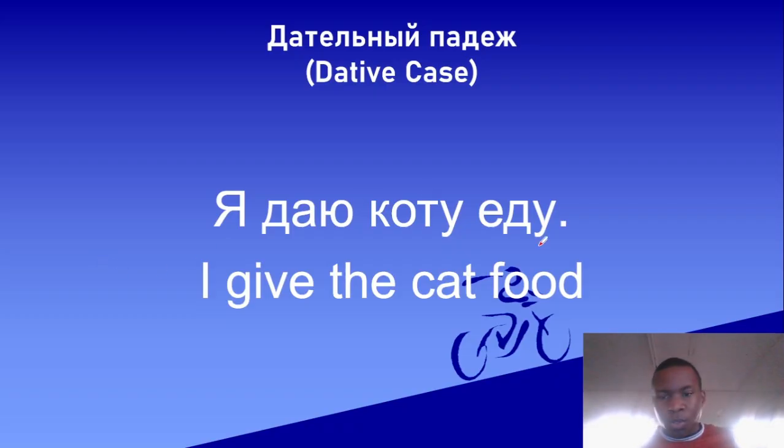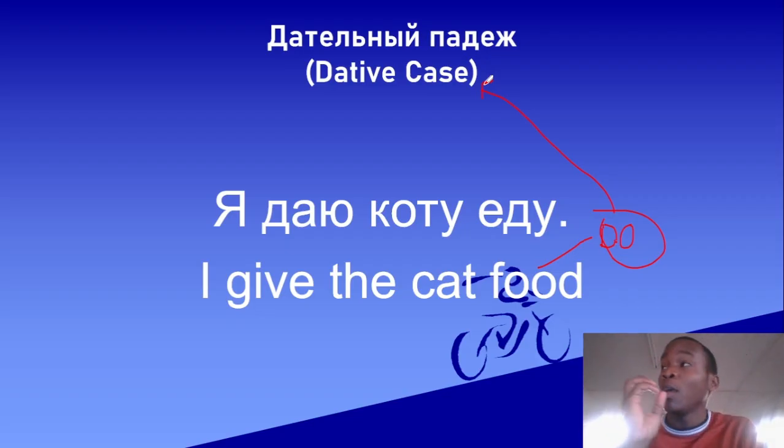Okay, so this one here is going to be our direct object. I'm just writing DO, that is your direct object. I want you to look at this, and the Latin origin of dative is do.